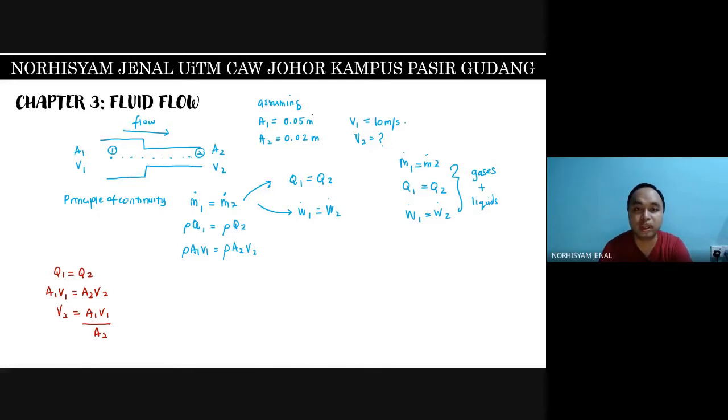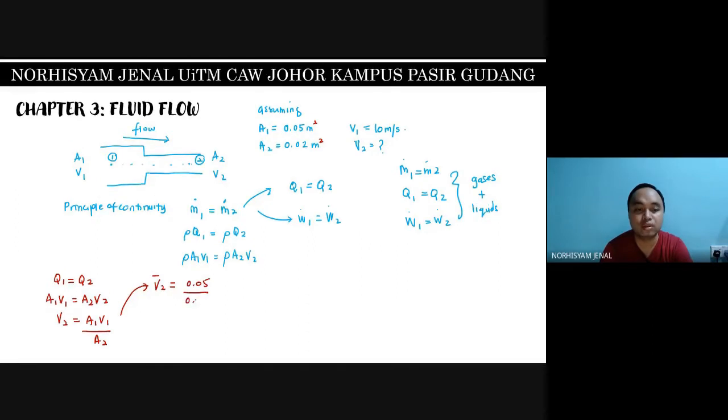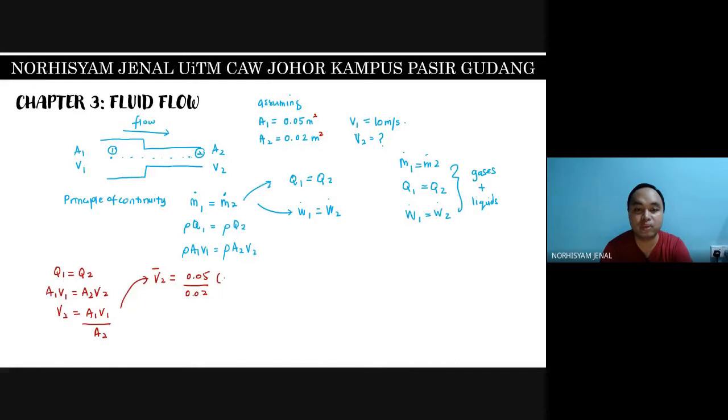Okay, so to find out A1, we can just put A1 equals to meter square, and this one is meter square. Okay, so to simplify the calculation, V2 should equal to A1 0.05 divided by 0.02 multiplied by V1, which is 10 meter per second.